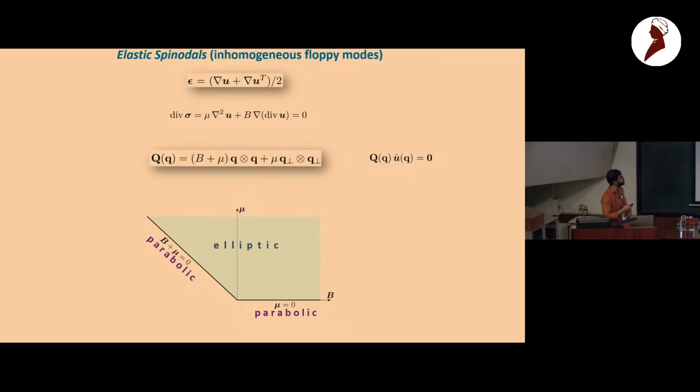But when you reach these lines through activity, the nature of the PDE will change and it will become parabolic. And the stresses will propagate on the characteristic lines of that parabolic PDE. So the whole point is that activity is taking the material to this line, and the stress fibers that we see are actually these characteristic lines of the system.